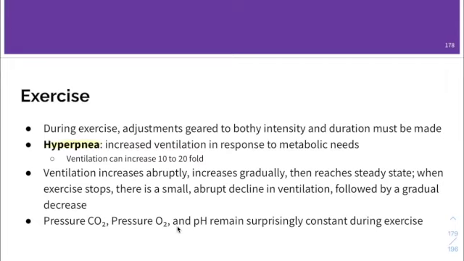Hyperpnea: hyper means above normal, and pnea has to do with breathing. So hyperpnea means you're breathing more breaths per minute. Technically it's anything over 16. If I remember right, anything over 16 breaths per minute is considered hyperpnea.